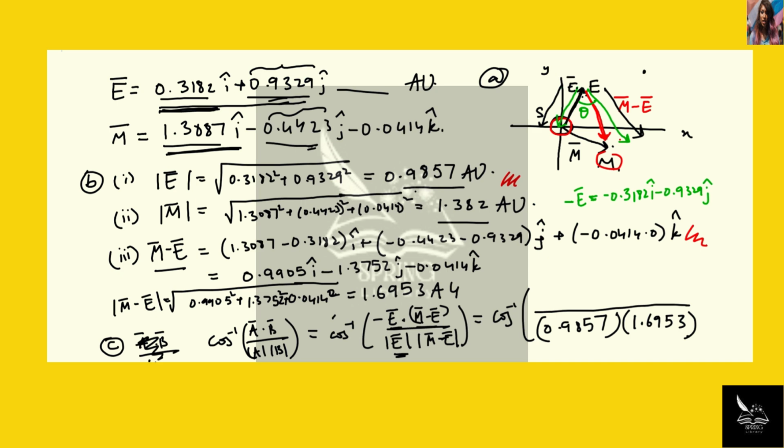Hence, minus E dot M minus E would be the product of the x components, which is minus 0.3182 multiplied by 0.9905, plus the product of the y components, plus the product of the z components, which turns out to be cos inverse of 0.5791, which is 54.61 degrees. Hence, this angle is 54.61 degrees.